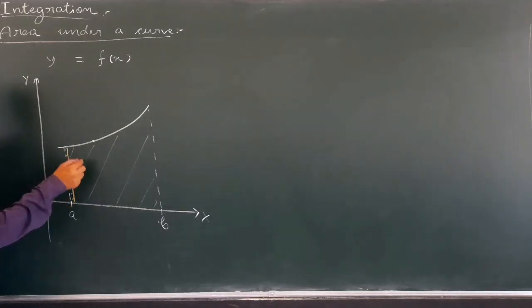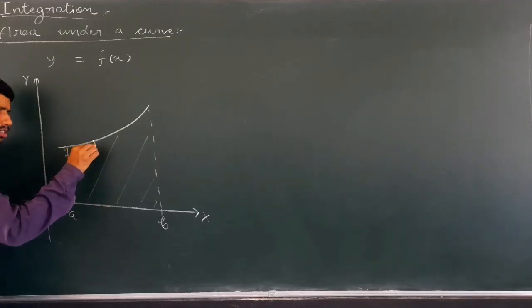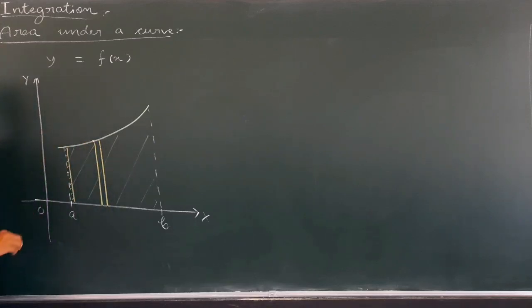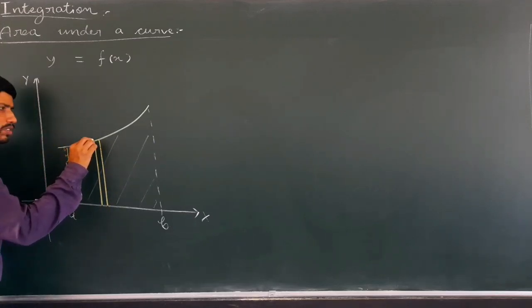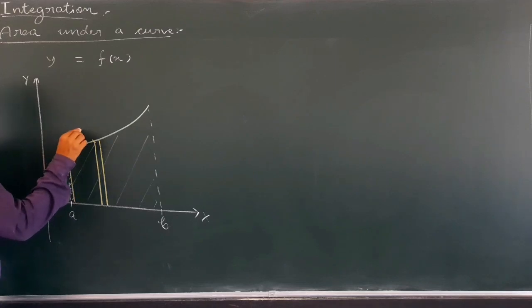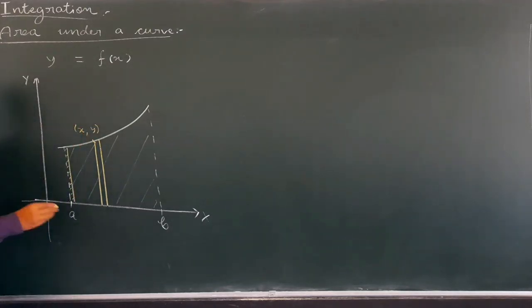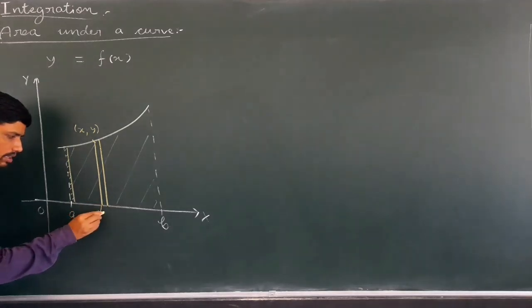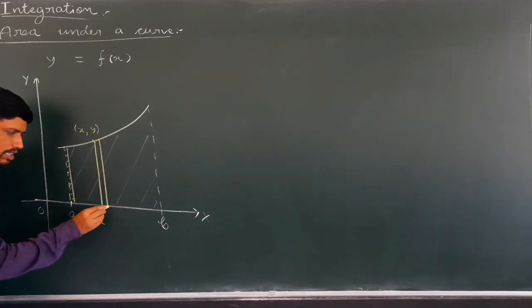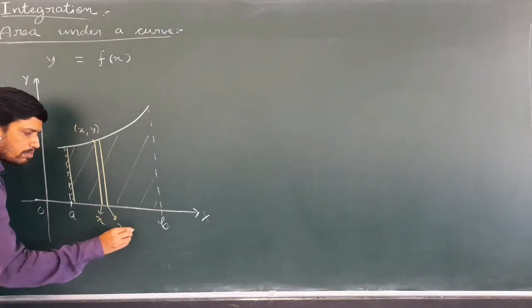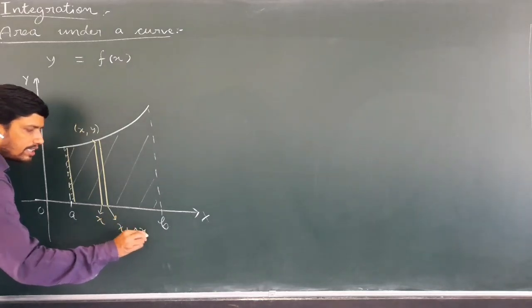Then we will draw next strip, next strip. This is suppose ith strip. And the location of this point, we call it as x comma y, suppose. That means this one is x and this one is x plus something. We call it as suppose x plus delta x.